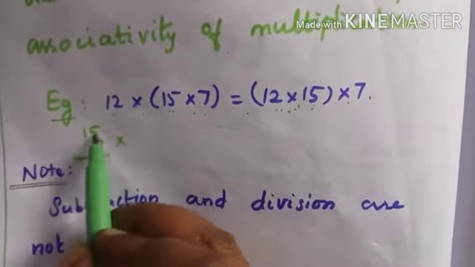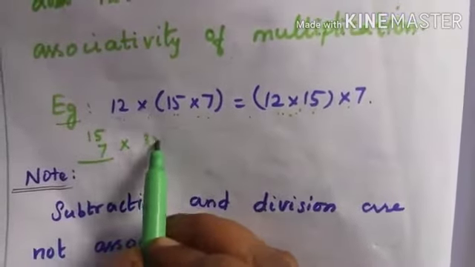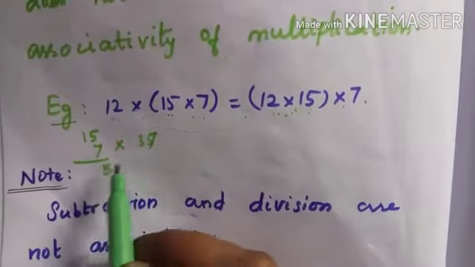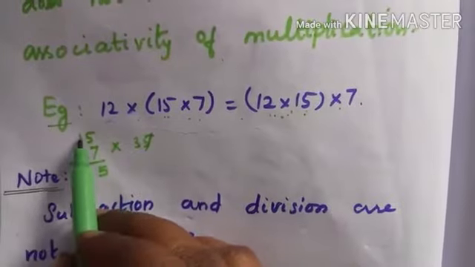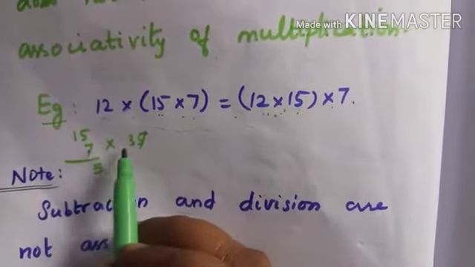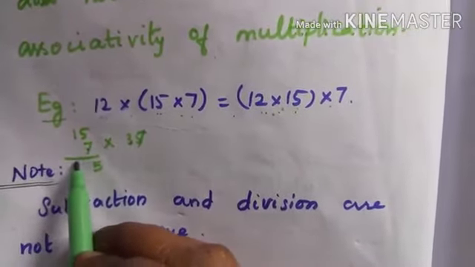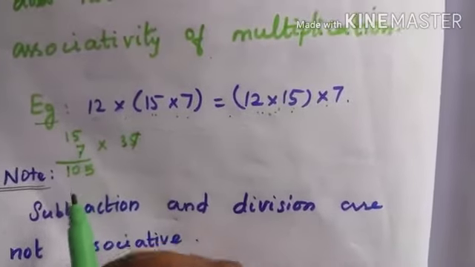5 sevens are 35, so we put 5 and keep 3. 1 seven is 7, 7 plus 3 is 10.